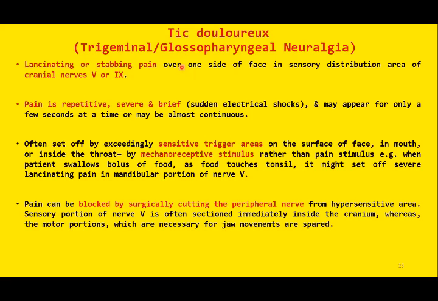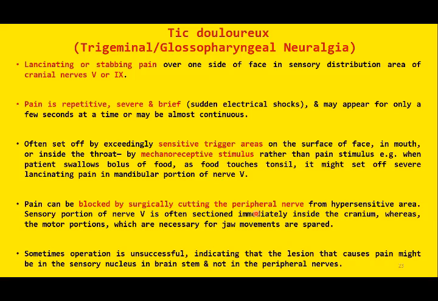So how can this pain or painful twitch be corrected or treated? There is one way: we can block the peripheral nerve by cutting it surgically. So it will give some sort of relief.